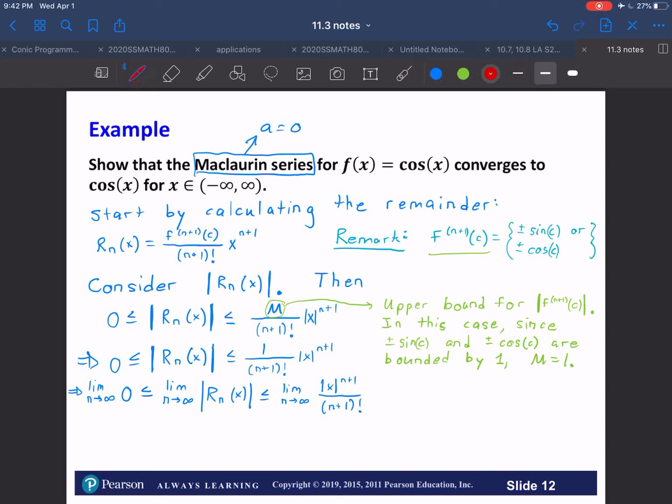Notice that the limit of 0 is equal to 0. The limit of this guy, as we just discussed in the last example, is equal to 0 because factorials grow faster than exponents. And so that means that this limit in the middle must therefore go to 0.